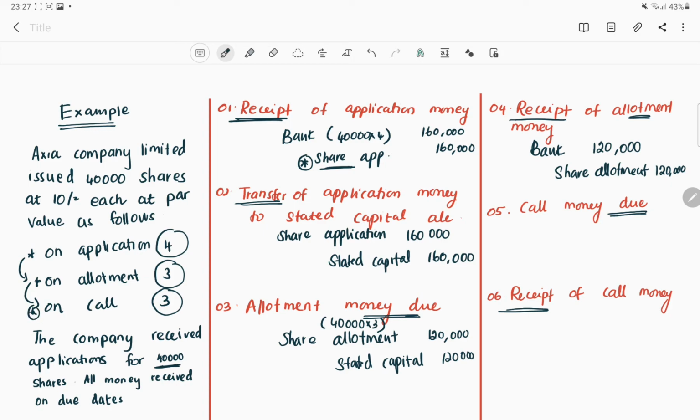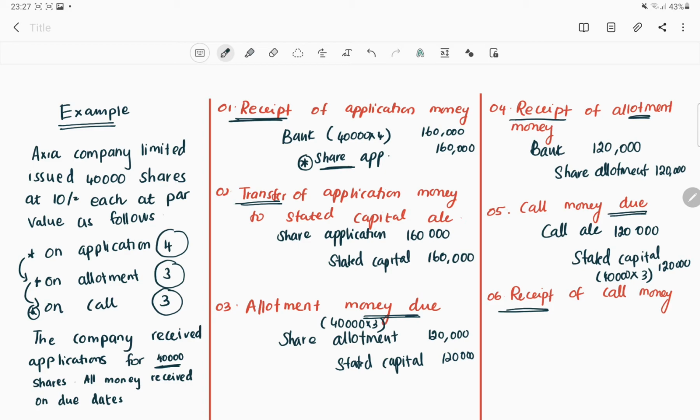On the call account also, the first entry is to record the amount in the stated capital account. So I'm debiting the call account and crediting the stated capital account. The amount would be 40,000 shares into 3, which is 120,000. So debiting 120,000 and crediting 120,000.